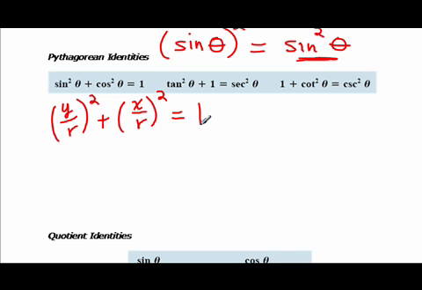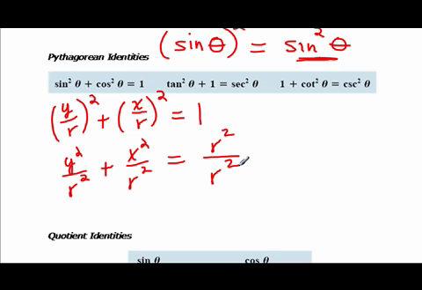Well, up top we have y squared over r squared. We square the fraction. Here we're going to get x squared over r squared. And how is this equal to 1? Well, we can think of 1 as being r squared over r squared. And we know that x squared plus y squared is in fact equal to r squared, using our Pythagorean or distance formula from before.